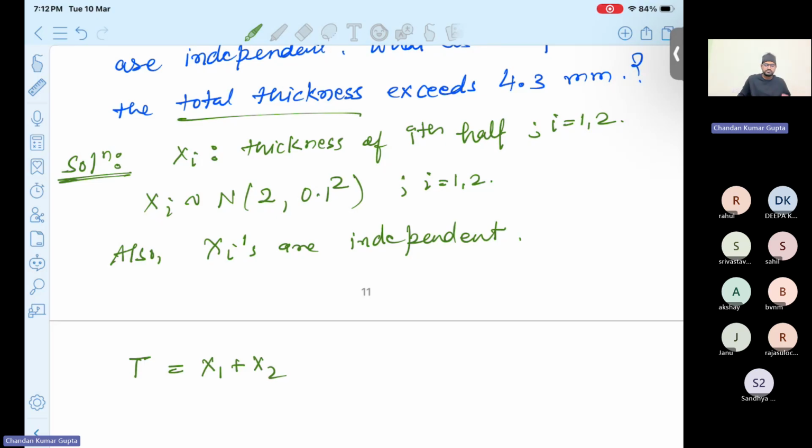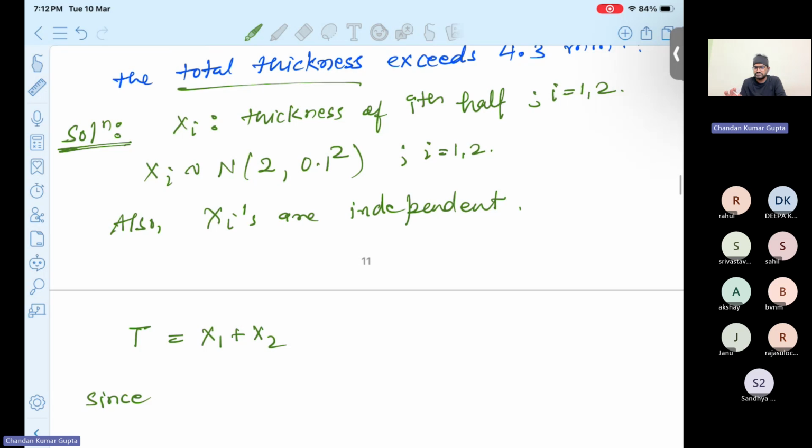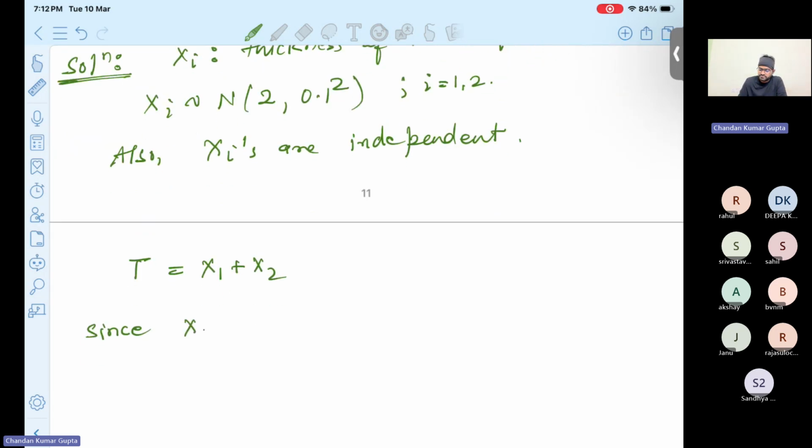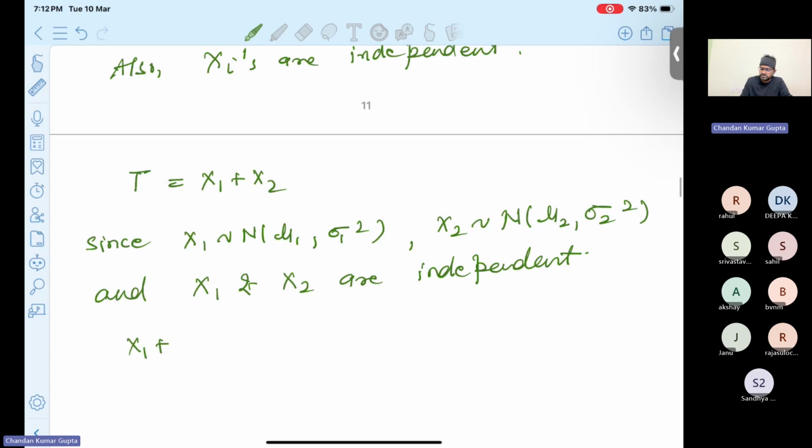And the total thickness is this. Now we know that since the Xi's are normally distributed and independent, if X1 follows normal with mu1 and sigma1 square, and X2 follows normal with mu2 and sigma2 square, and X1 and X2 are independent, then X1 plus X2 follows the normal distribution with mean mu1 plus mu2 and variance sigma1 square plus sigma2 square.